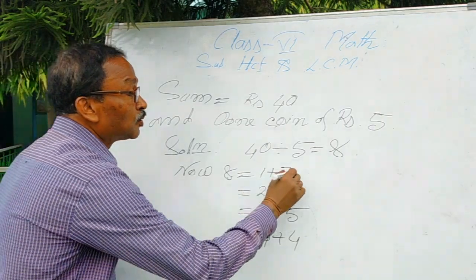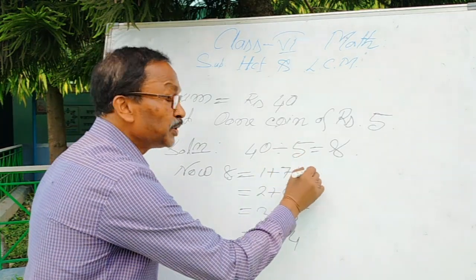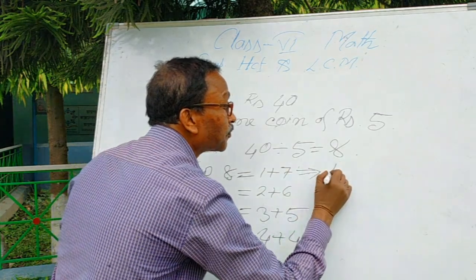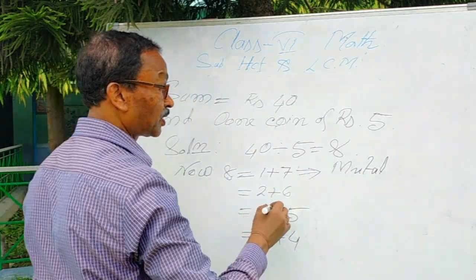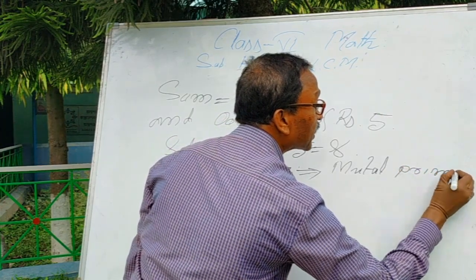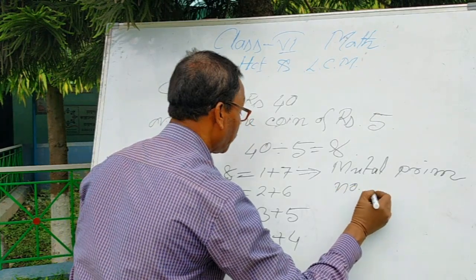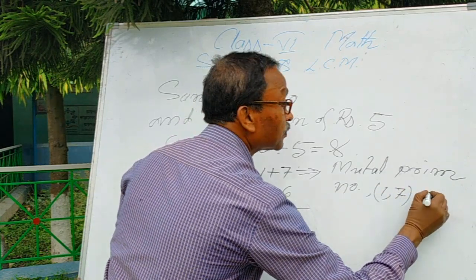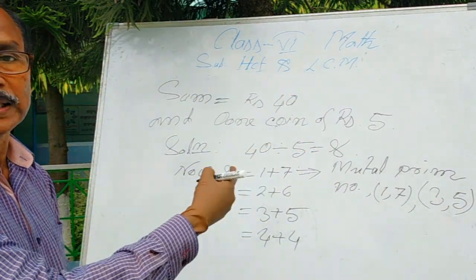But of these four pairs, the mutually prime numbers are 1, 7 and 3, 5. That is two pairs.